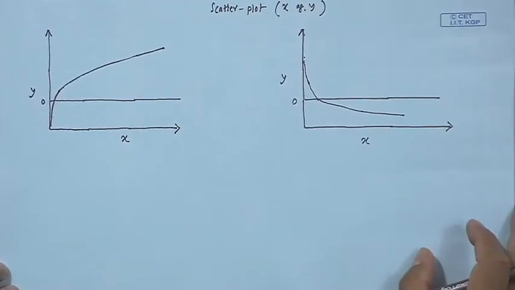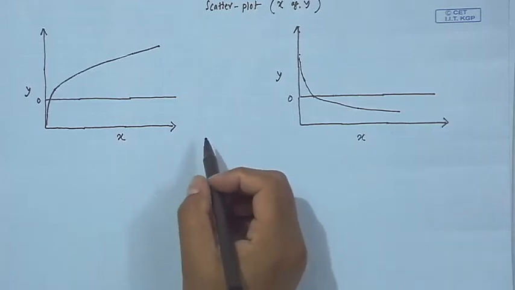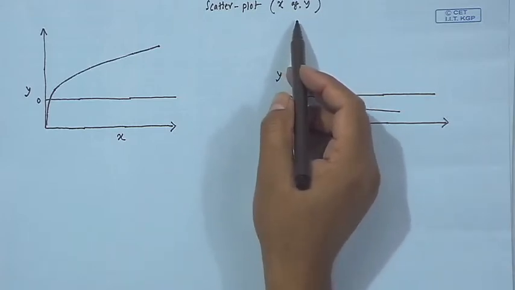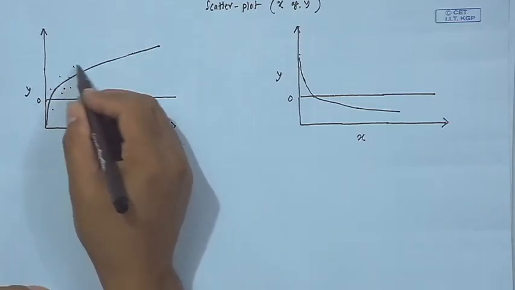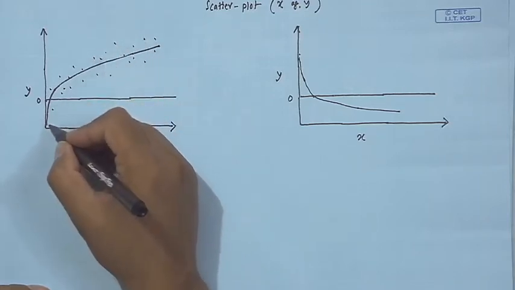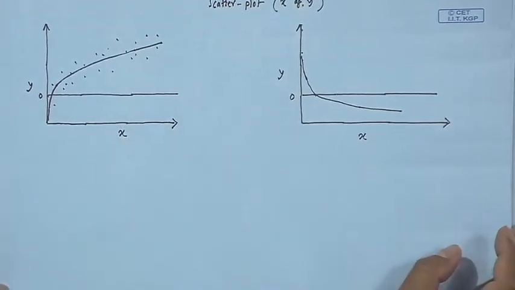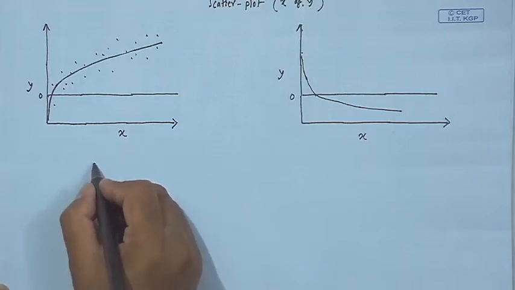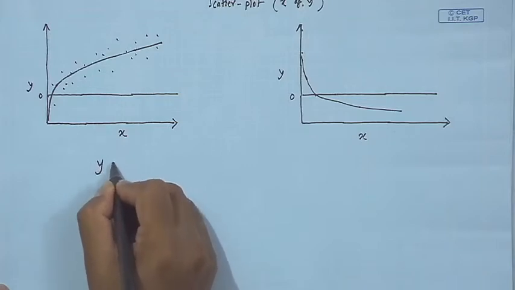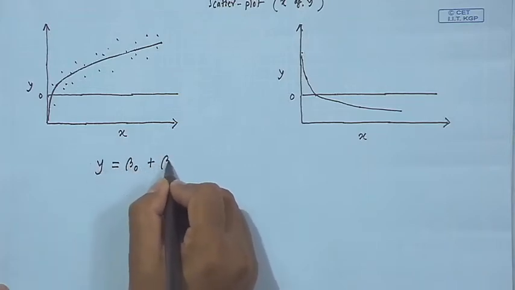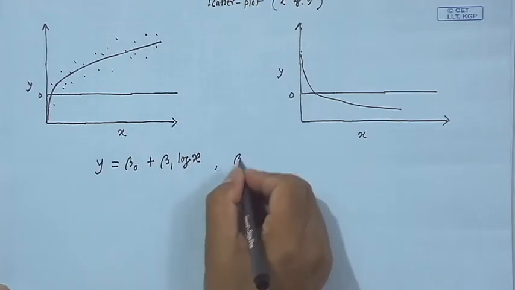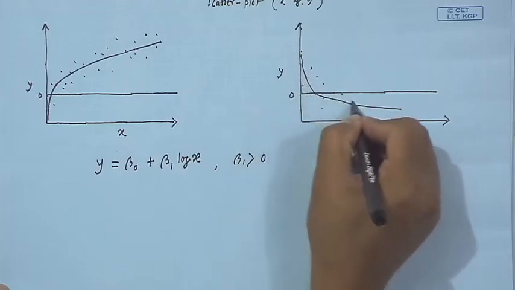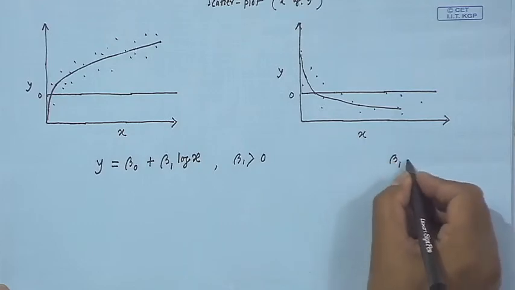So, one more example is here. This is the scatter plot of y against x, and if you see a scatter plot similar to this, which is centered about this curve, then the relationship between y and x is y equal to beta naught plus beta 1 log x, for beta 1 greater than 0, and this one is the same, for beta 1 less than 0.